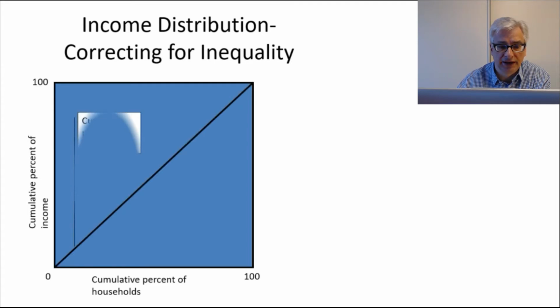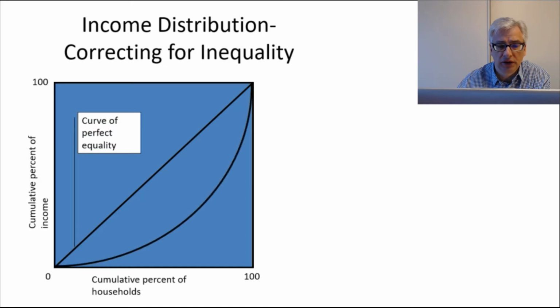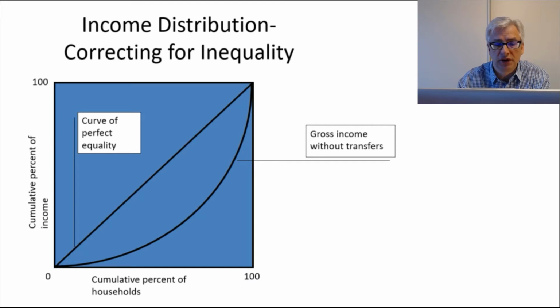This is again the curve of perfect equality, and you have here this exemplary Lorenz curve that represents gross income without transfers. Gross income meaning before taxation, without transfers meaning before any transfer payments are made.